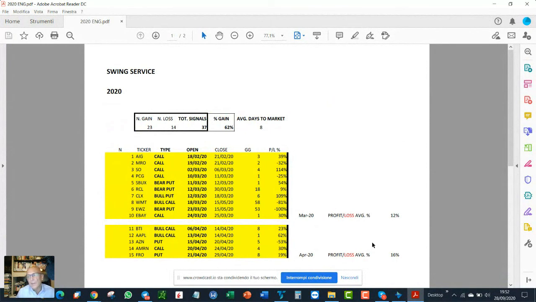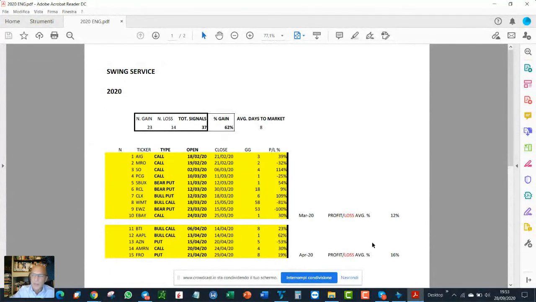The good thing about the system that we are using is not about the profit, because we are not focused on the profit. We are focused on the loss. Yes, we are very good at managing losses. That's why we have profit almost every month.